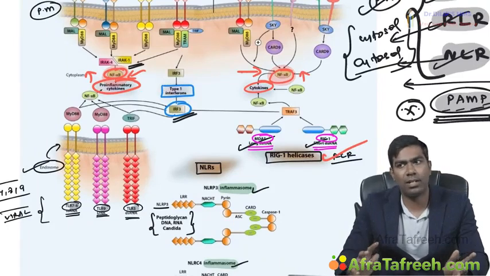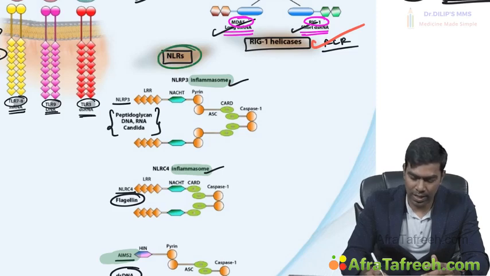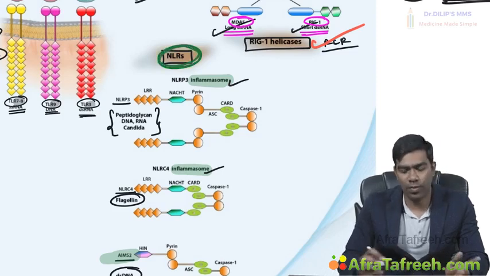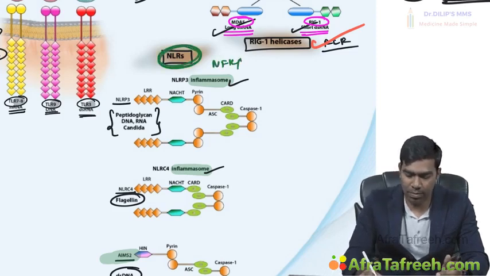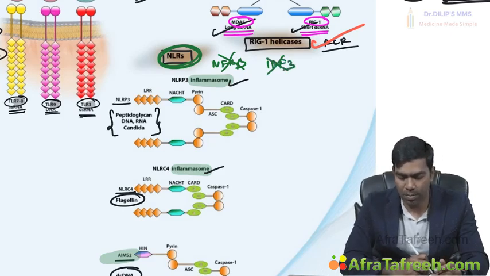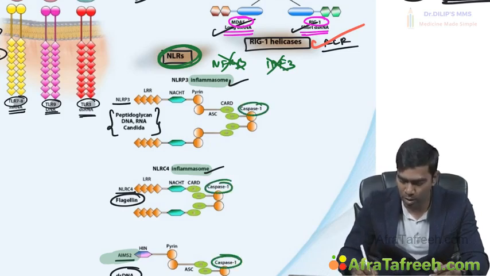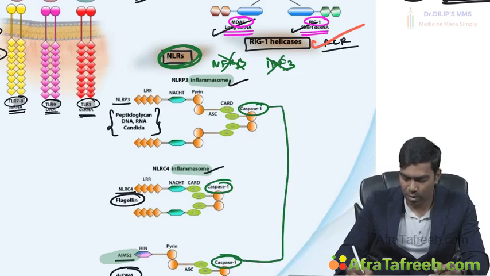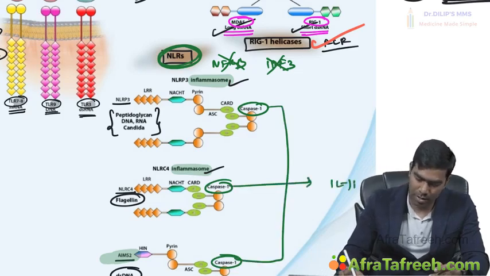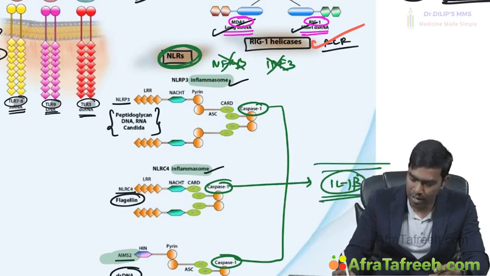But one thing that goes in a completely different direction is the inflammasome pathway, that is the NLR pathway. Usually they don't activate NF kappa B, and they don't activate IRF3. Instead they activate caspase 1. This caspase 1 finally activates a cytokine called interleukin 1 beta. Very important.